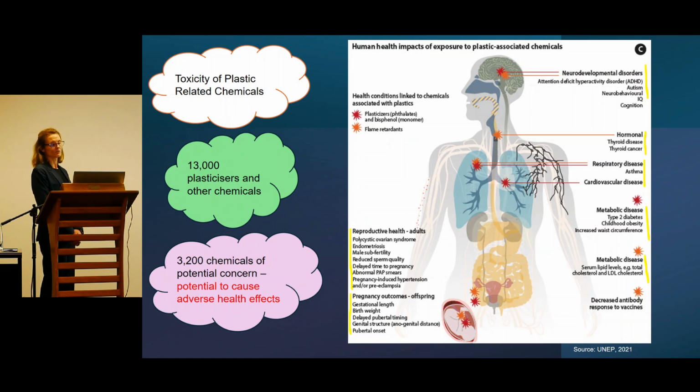But what we do know is that a review undertaken by UNEP, the United Nations Environment Programme, reviewed the potential for these plastic-related chemicals to cause harm, and identified that there are 13,000 plasticizers and other chemicals associated with plastics manufacture, and 3,200 of those chemicals are chemicals of potential concern, which means that the toxicity studies that were reviewed found that in animal studies these chemicals have been found to cause neurological disorders, hormonal diseases, respiratory disease, damage to kidneys, metabolic diseases, type 2 diabetes.